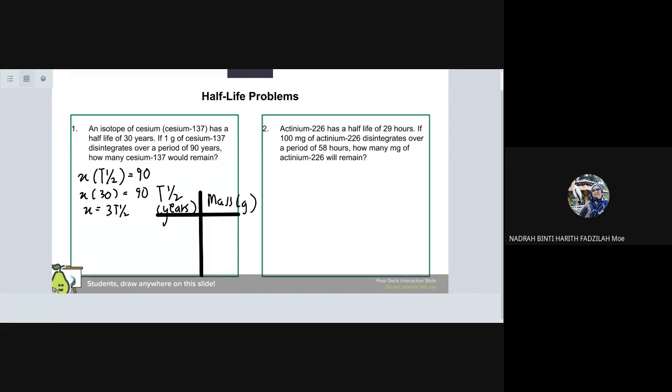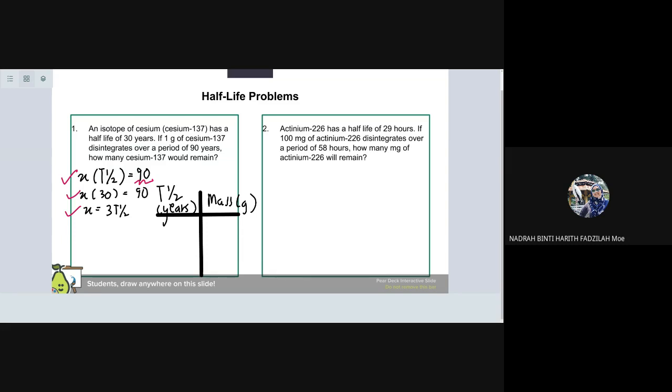Sebab itulah saya buat approach berapa kali X number of half-life equals to 90 years. Untuk tahu 90 years tu berapa half-life, kita just divide sajalah. So this is what I did. I determine that there are 3 half-lives to achieve 90 years. 3 kali half-life baru sampai 90 tahun.